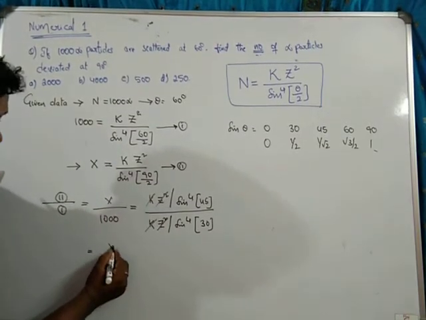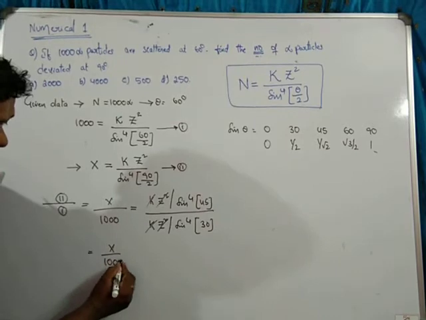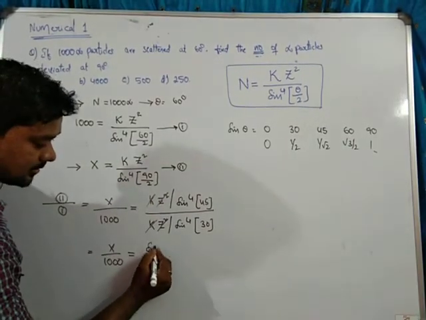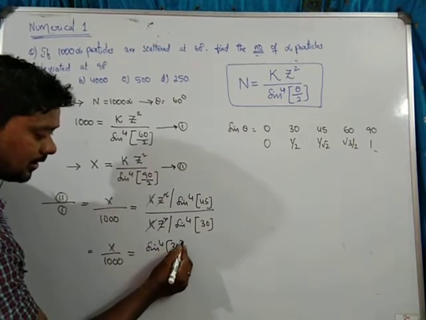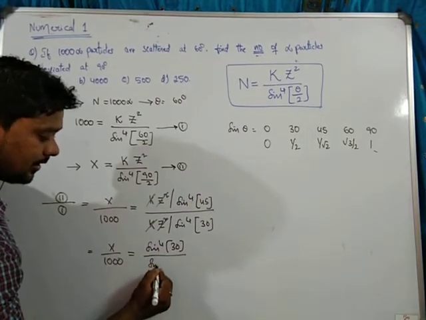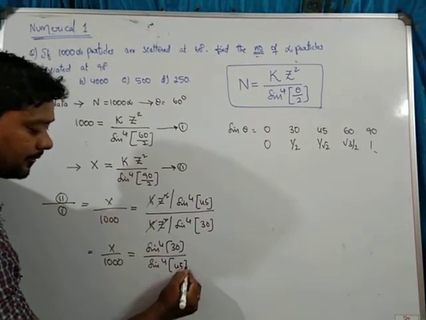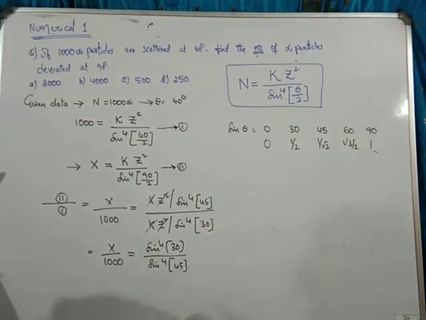So we get the value x by 1000 is equal to, considering the reciprocal, sine power of 4 of 30 divided by sine power of 4 of 45.